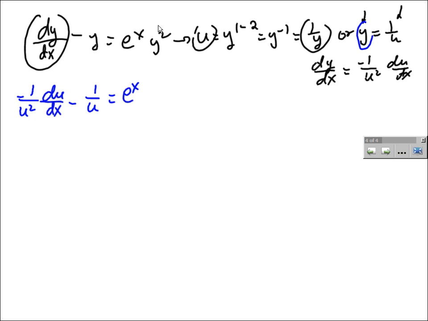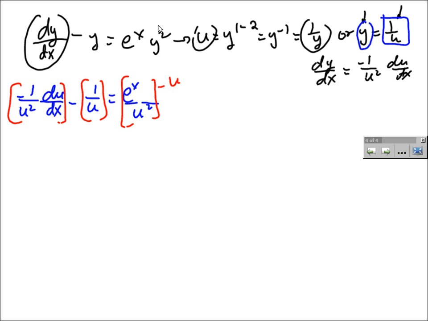You square y, you get y squared. You square the other side, you get 1 squared over u squared. And multiplying by 1, we don't have to bother. Now, I'm going to multiply each of these terms by negative 1 over u squared. Negative u squared, negative u squared, and negative u squared.